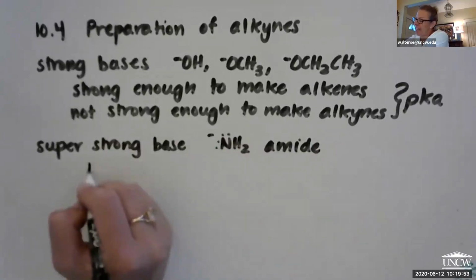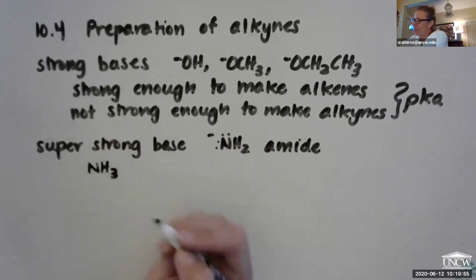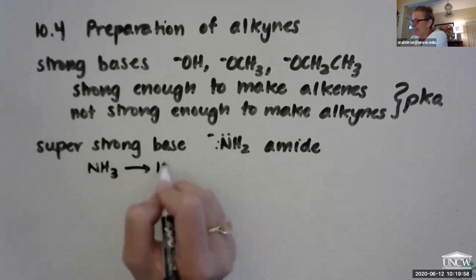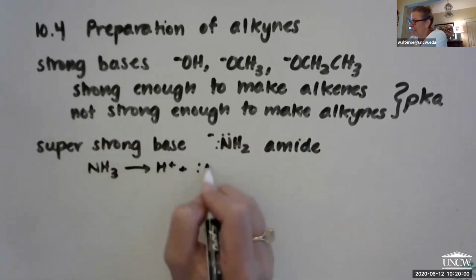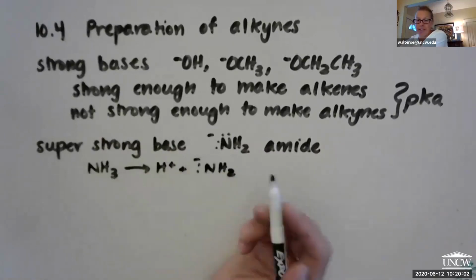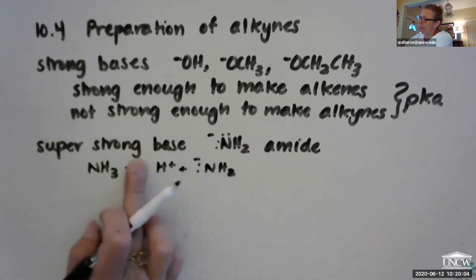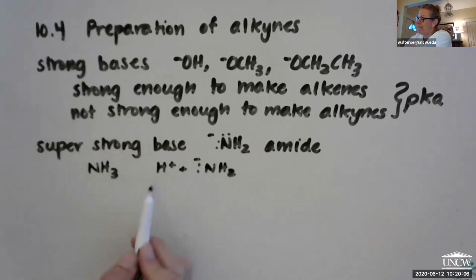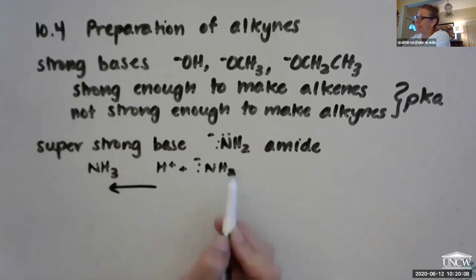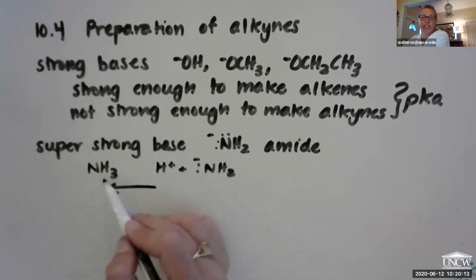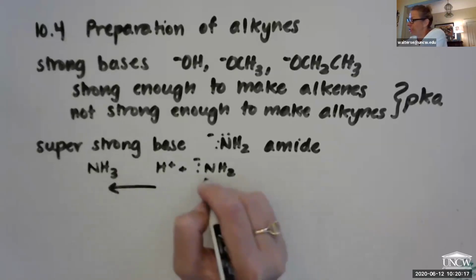So it's like saying if ammonia would act as an acid, you would get amide. But you know that this equilibrium is dominated in this direction, which means this species, the amide, desperately wants a proton to make ammonia. So this is incredibly strong.